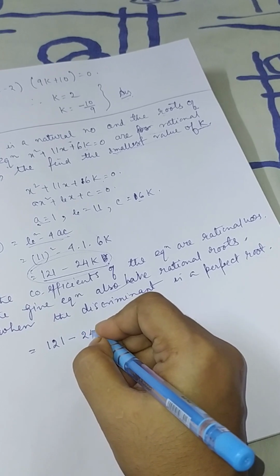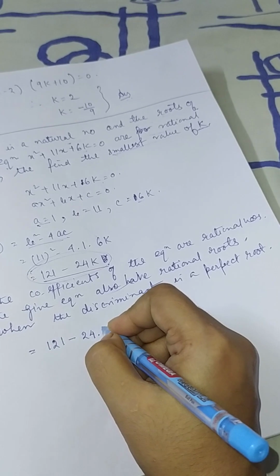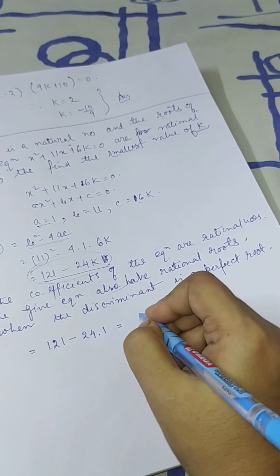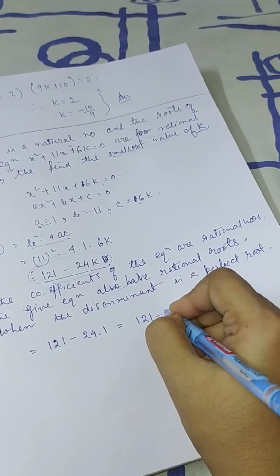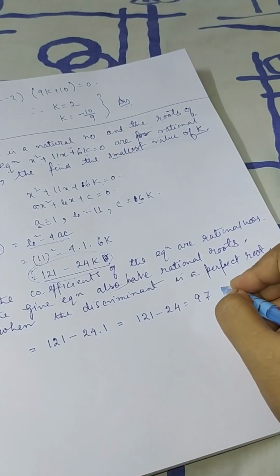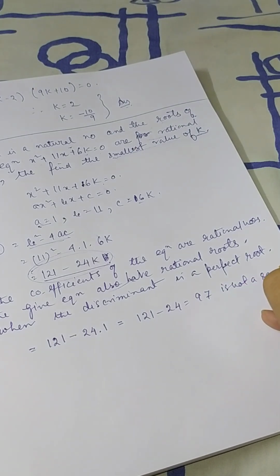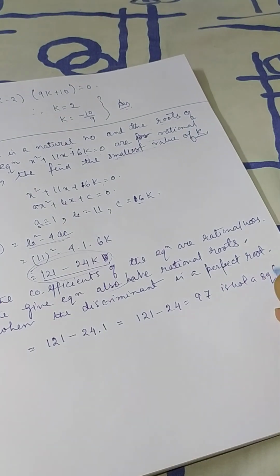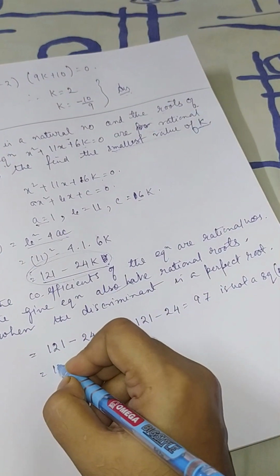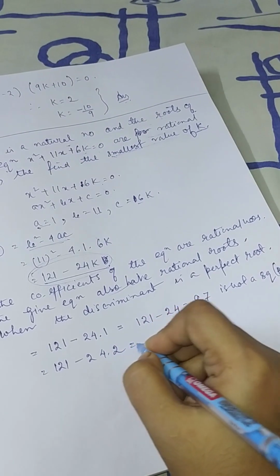121 minus 24k. In place of k, we will put first of all 1. That means 121 minus 24, it will be 97. It's not a perfect square, right? Then we will put 2 in place of k.